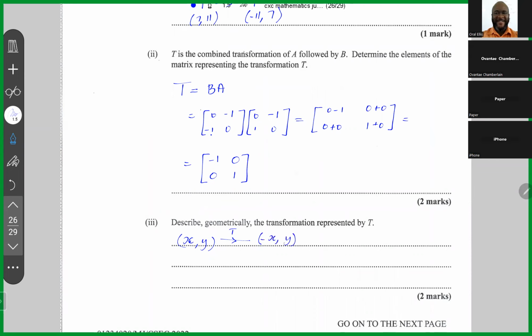So the only thing T does is change the sign of the x coordinate. And the transformation that actually does that is a reflection in the y-axis. So T is a reflection in the y-axis.